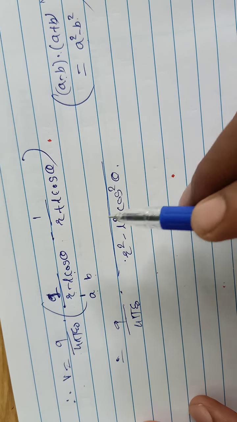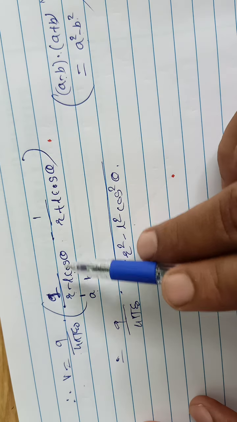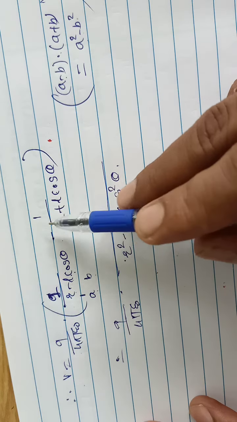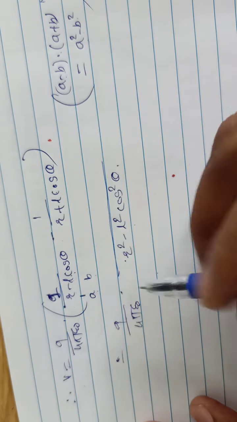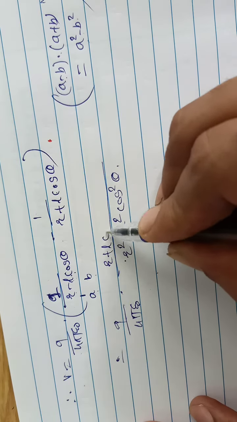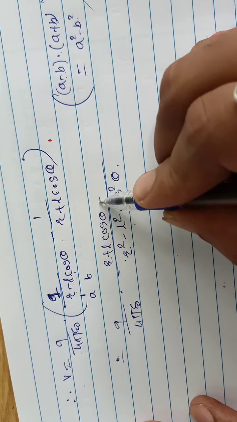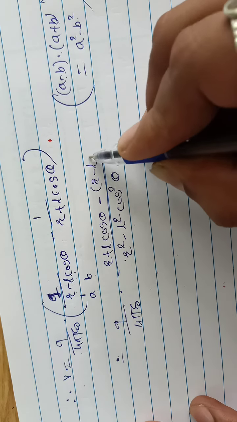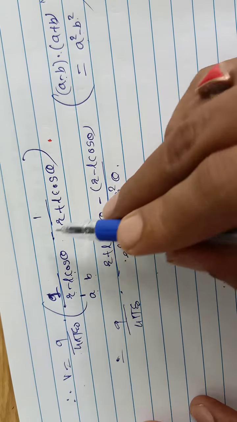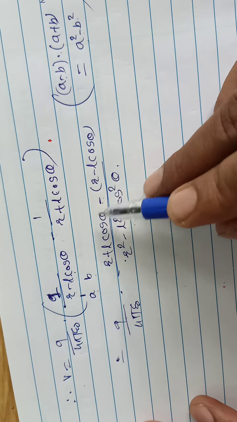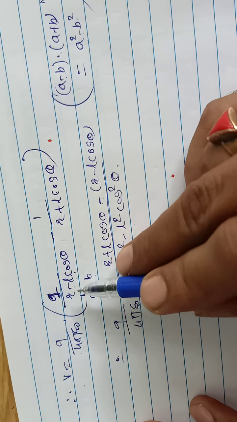When we multiply both in a cross way, we get r plus l cos theta minus of r minus l cos theta. This minus sign is here from this, so this minus sign is our value's minus sign.